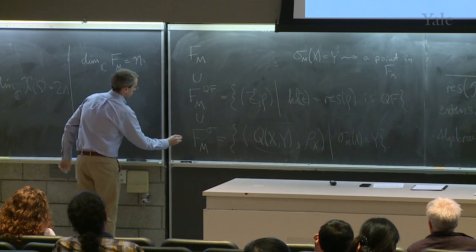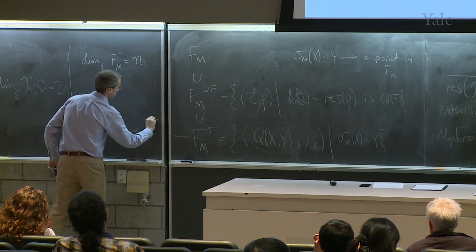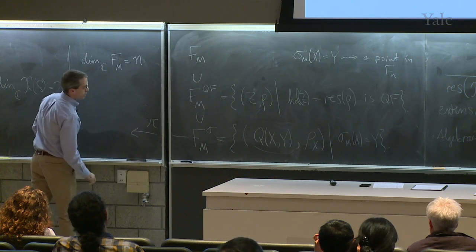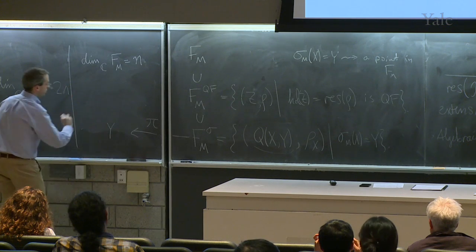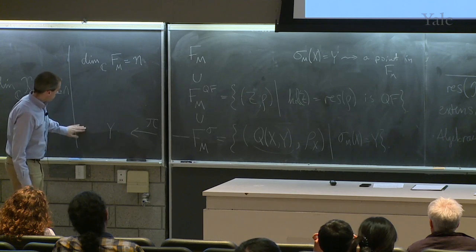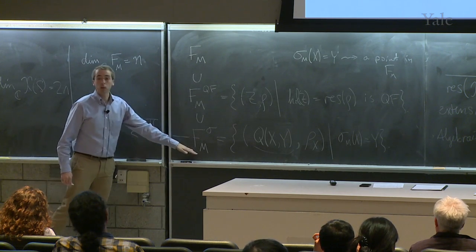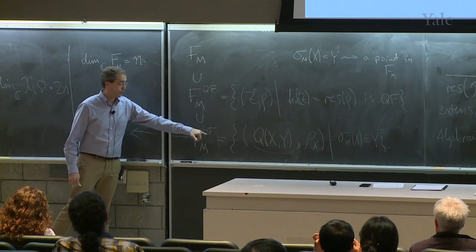This projects to Teichmueller space. And that projection takes the point QXY and rho X to y. So the question becomes, for which points in Teichmueller space is there a point in this fiber product that lies over them? Fiber product for sigma.